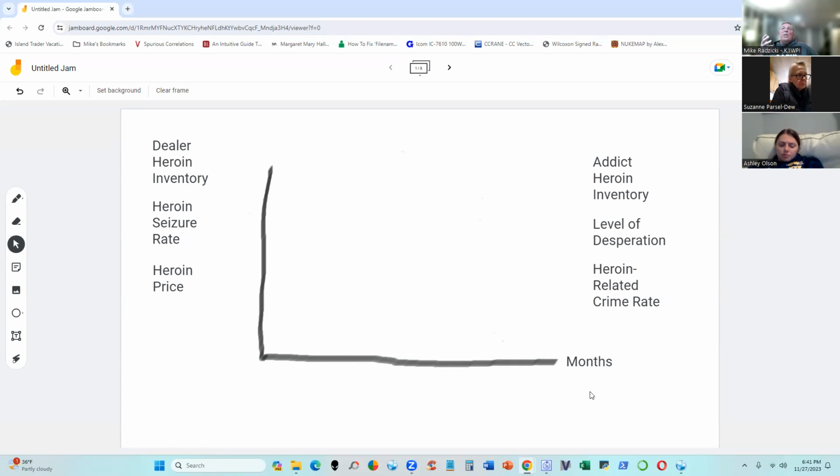So what is the causal order from the article of the problem? What's the first thing that happens to trigger the problem statement? A seizure, a drug seizure. Okay. So heroin supply is seized.